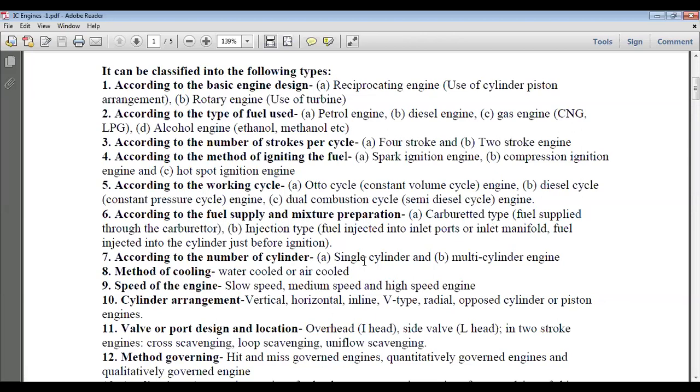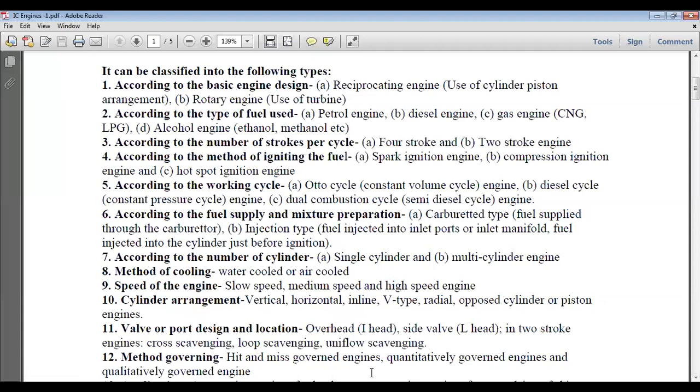Then as per the number of cylinders, single cylinder or multi-cylinder. The method of cooling, water cooled or air cooled. The speed of the engine: slow speed, medium speed or high speed. Then cylinder arrangement: vertical, horizontal, inline, V type. Then the valve or port design location: overhead or side valve.